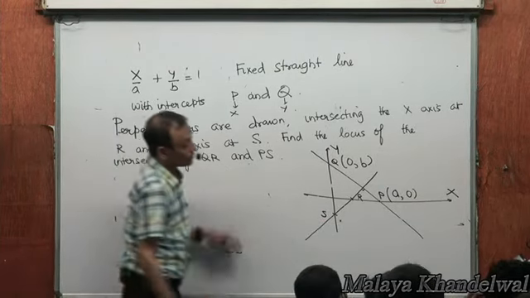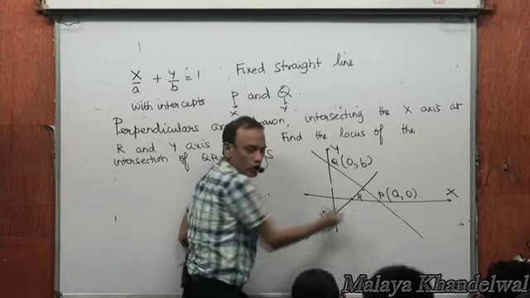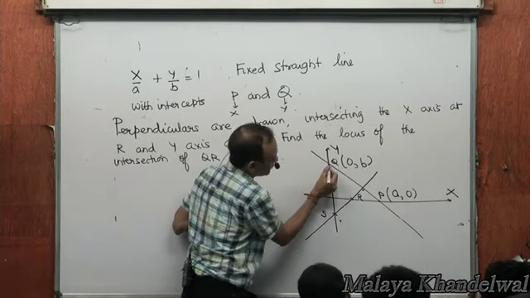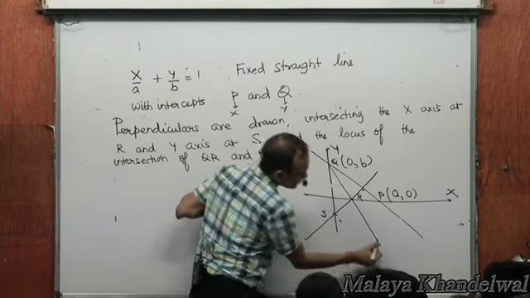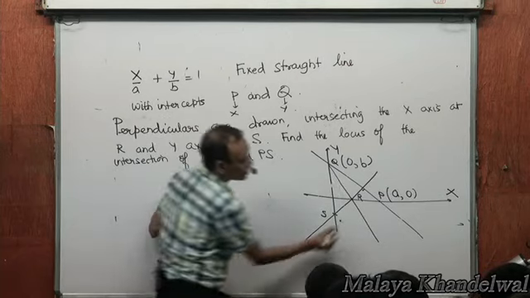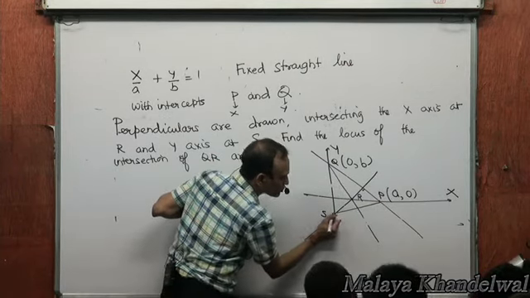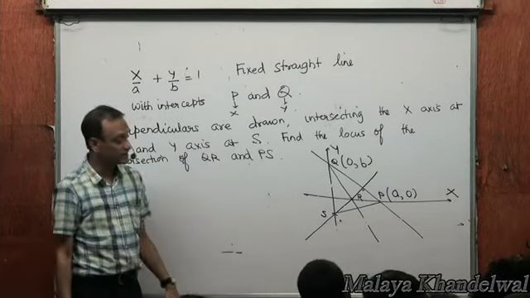Now, every time I draw a perpendicular, I can draw a QR and I can draw a PS.